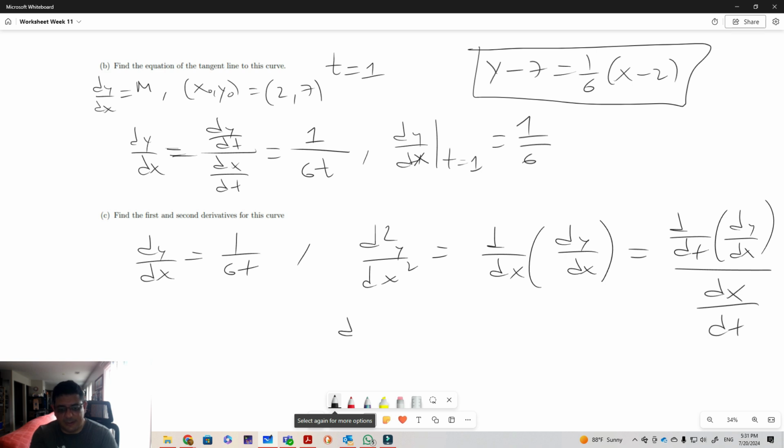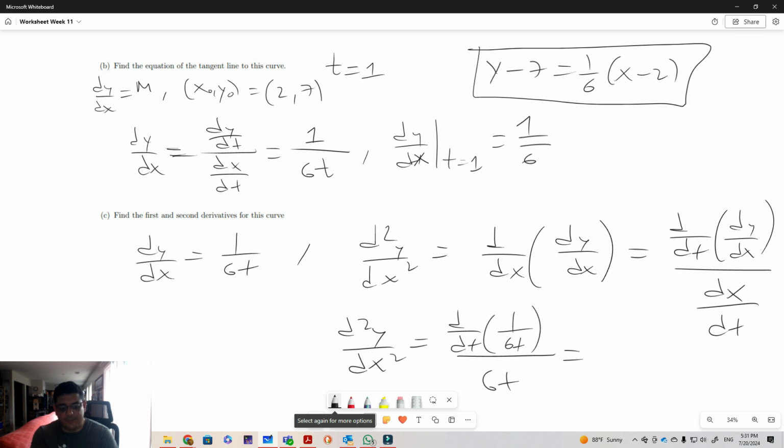This means this is going to be the derivative of 1 over 6t, over dx/dt, which is 6t.